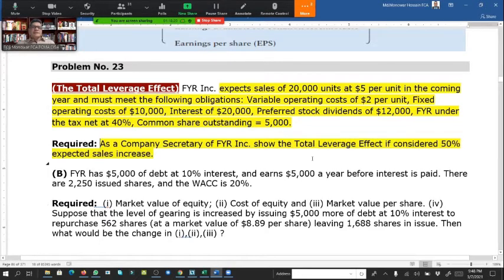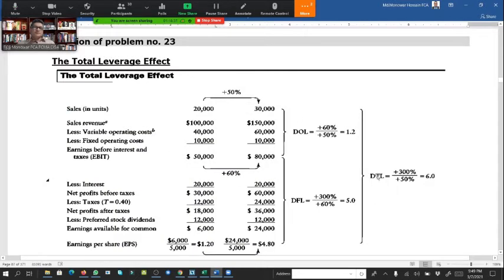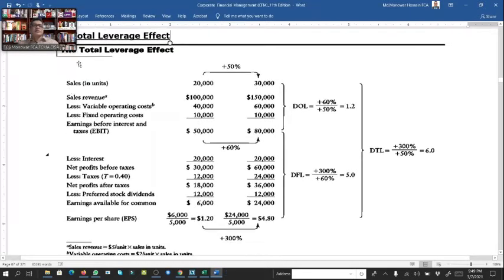So if sales increase by 50% more, then what would be the leverage effect? So within this figure, if we calculate here, look here. The total leverage effect: sales in units are 20,000 as per the question, and it says if increased by 50%, look here, a 50% increase, so total sales would then be 30,000 units.